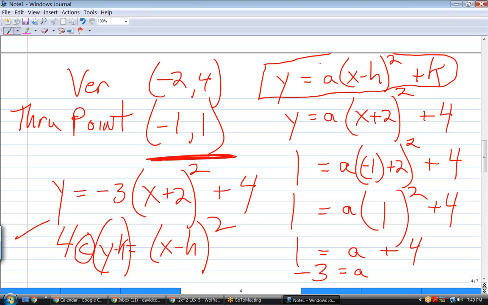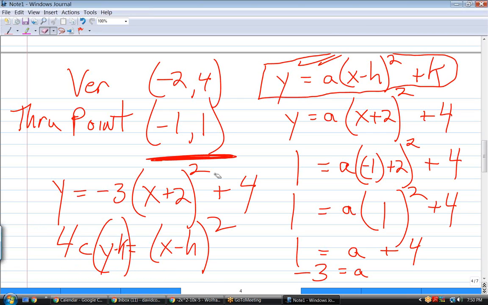Whereas some school districts will say A is equal to 1 over 4C. Not all school districts give you this format. Some stay with the original, but they also tell you that A is equal to 1 over 4C, so it allows you to calculate the focus. Personally, I kind of like staying with the original formula, but most school systems do go to this 4C format.